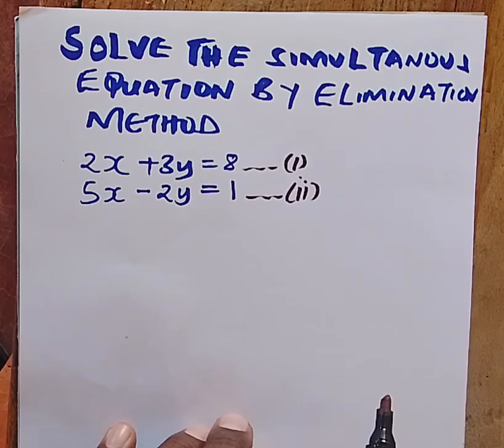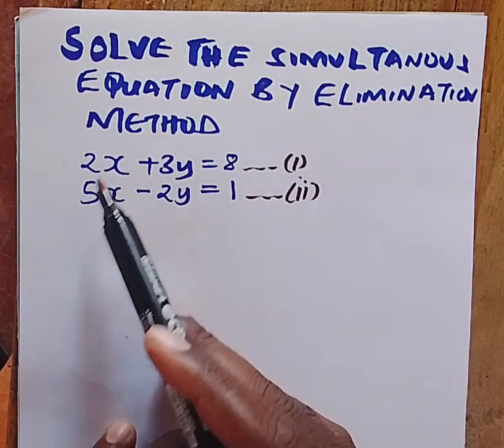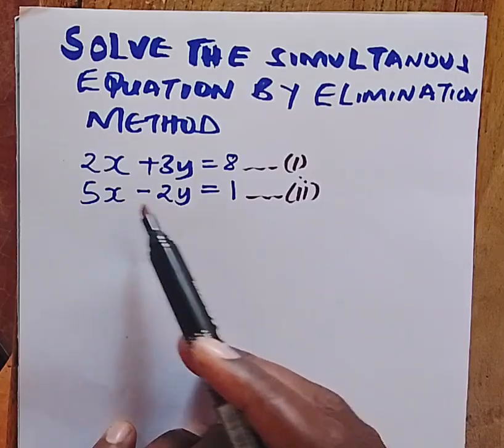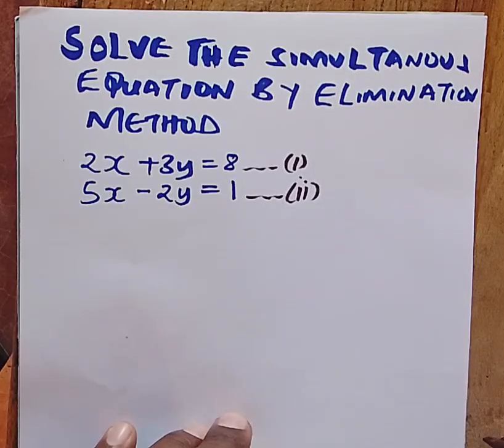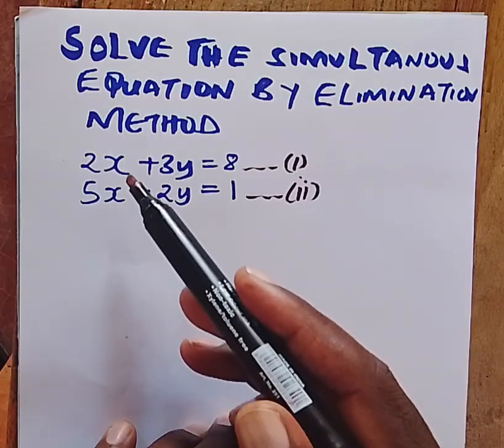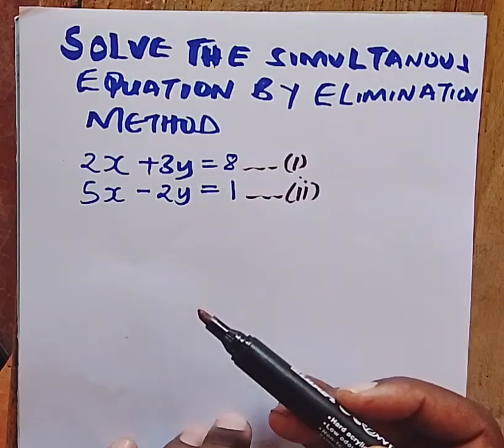Now, in the elimination method, we have to eliminate one of the terms. Here we have x and y, and we also have x and y in equation 2, so we can choose to eliminate either the x or the y.